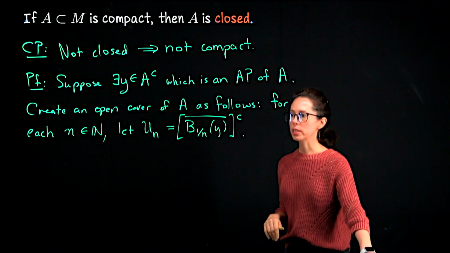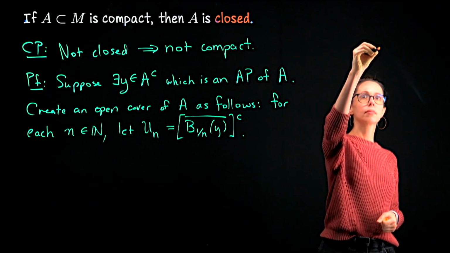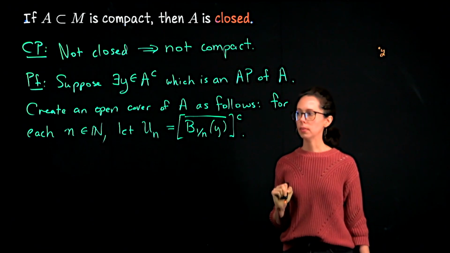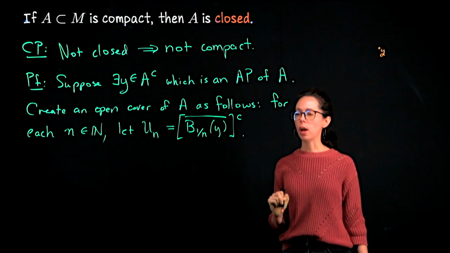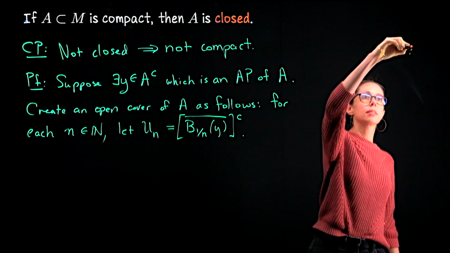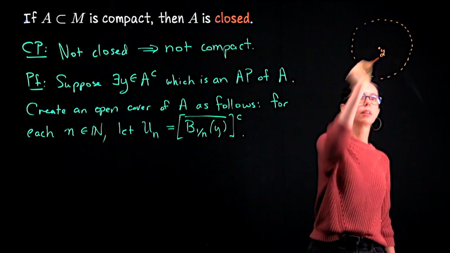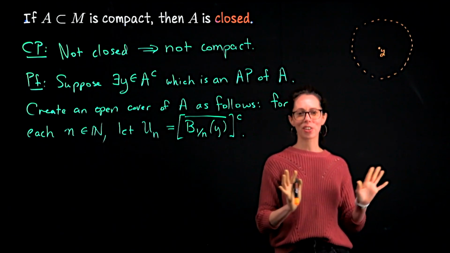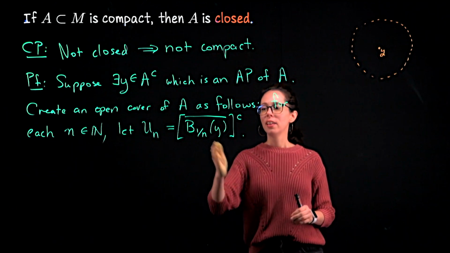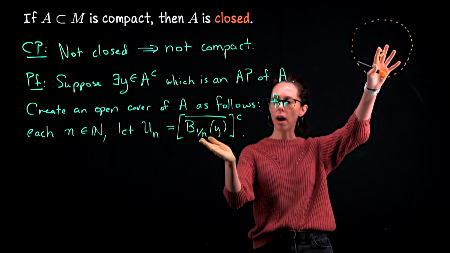All right, so what is this going to look like? Sketch the point y. Starting with n equals 1, radius 1 around y might look like this. It was supposed to be a perfect circle of radius 1. The closure of that neighborhood would be the solid disk of radius 1 around y.